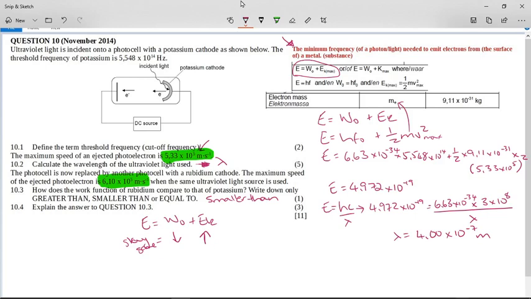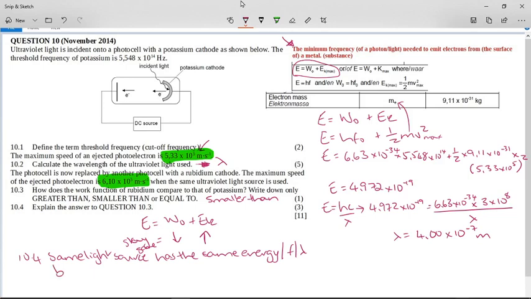Okay, so now it says explain the answer. So you say the same light source has the same energy or frequency or wavelength, and so that is not changed.